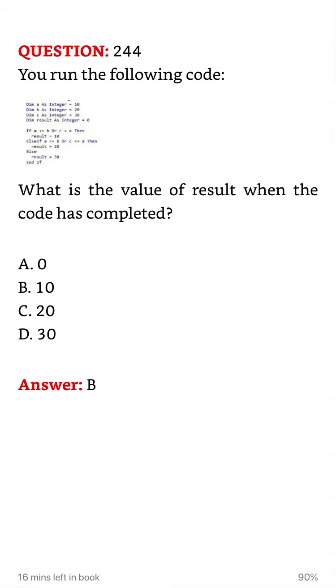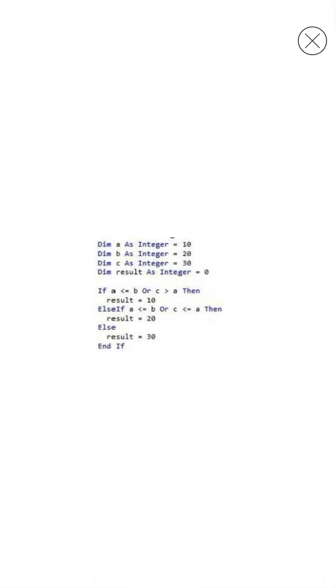Question 244. You run into the following code. What is the value of result when the code has completed? B, 10. So in this code, we see that as integers, A is 10, B is 20, C is 30, and the result is 0 starting out.